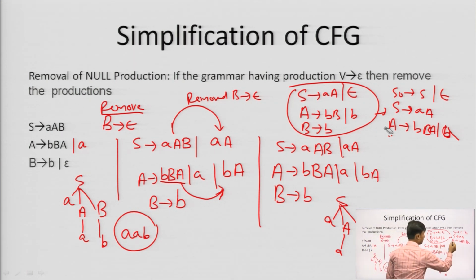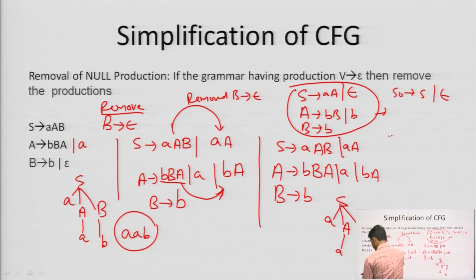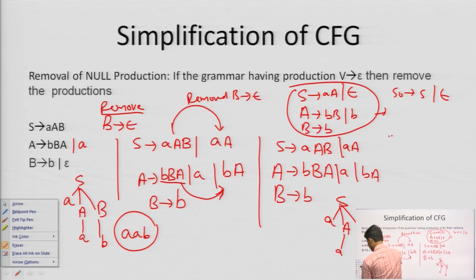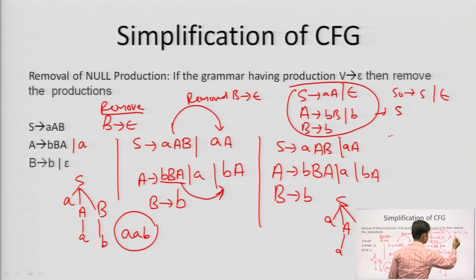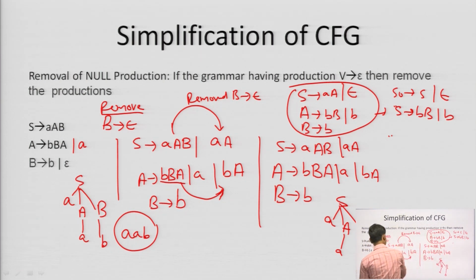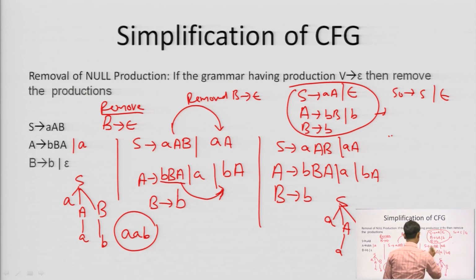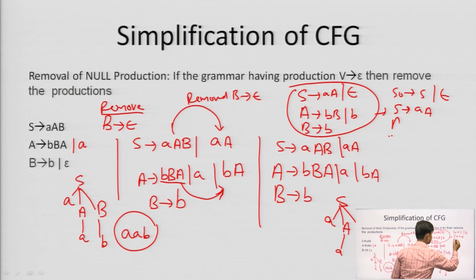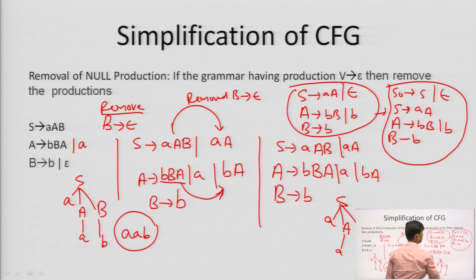So, here you have to take a new symbol S0, S0 to S epsilon, then S to B, then S to A. The same grammar you have to write, nothing more, same grammar we have to write: S to A, then A to B, then B, then B to B. So, this is the grammar, you have to convert it like that.